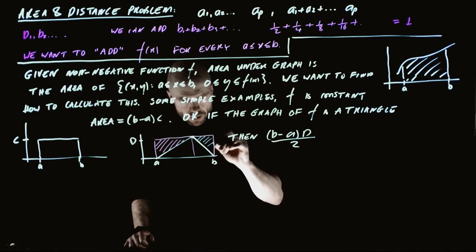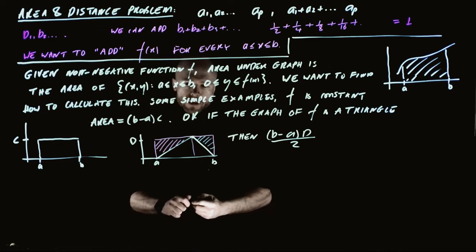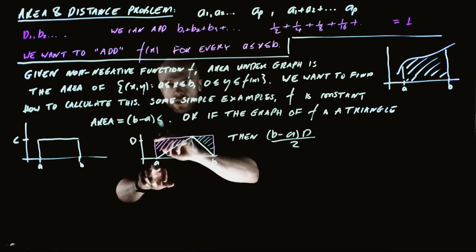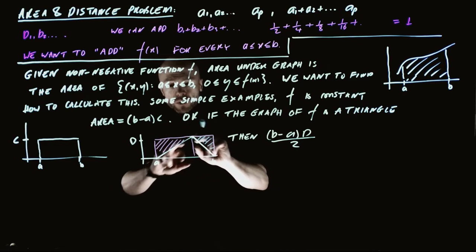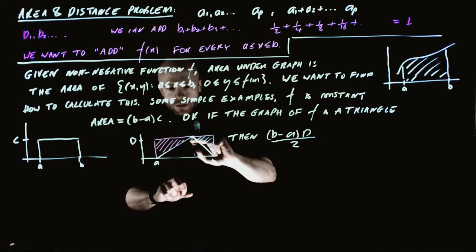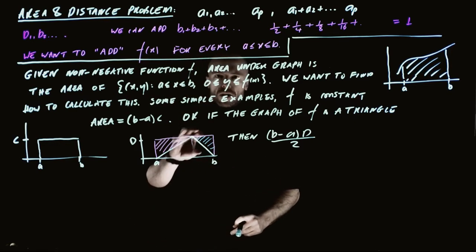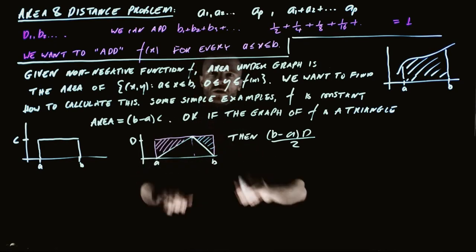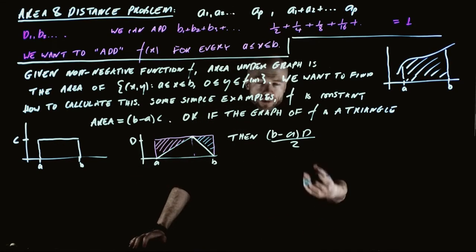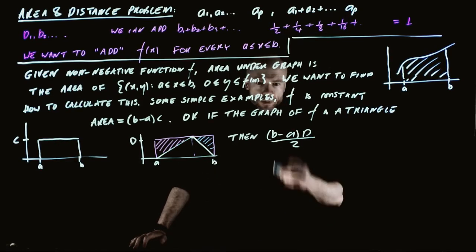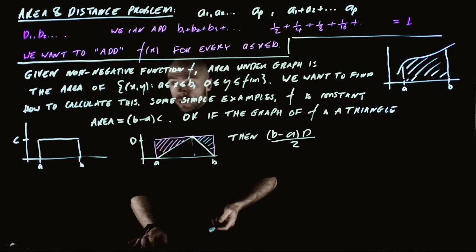Area of this triangle is the same as the area of that one underneath it, right? So the area of the rectangle is just b minus a times d, but the actual triangle we're interested in, this guy here, is going to be exactly half the area of this rectangle, because these two other rectangles are also inside, and the sum of those two areas is the same as the sum of the area of this. Yeah? Cool, so this formula is pretty natural.